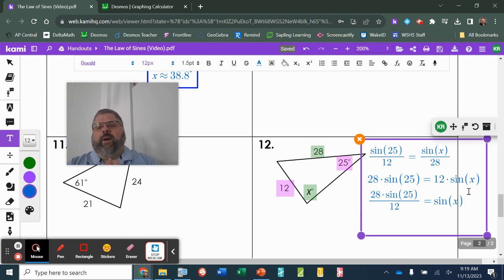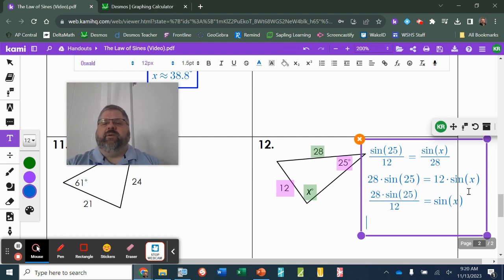Now, again, what I have to do to get x by itself when it's inside of a trig function is I have to use the inverse trig function, because back when you first learned about inverse functions, you should have talked about that the inverse of a function of the original function just gives you the independent variable.